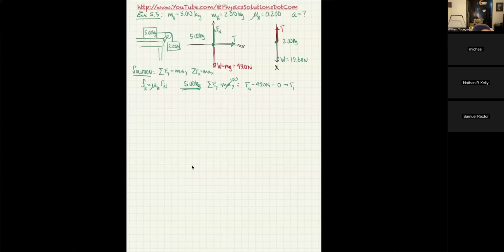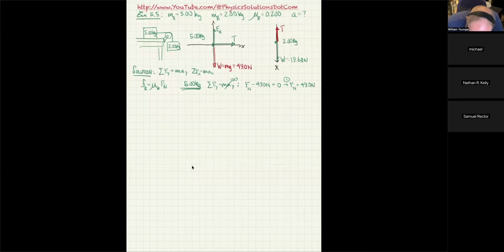That tells us that the normal force is equal to 49.0 newtons. So I'm just going to write that as 1 because I'm going to make use of it later. And if you number your equations or in fact your results, that might be helpful so you can refer back to them by a symbol. Okay. It's going to make more sense when we start solving the system of equations.